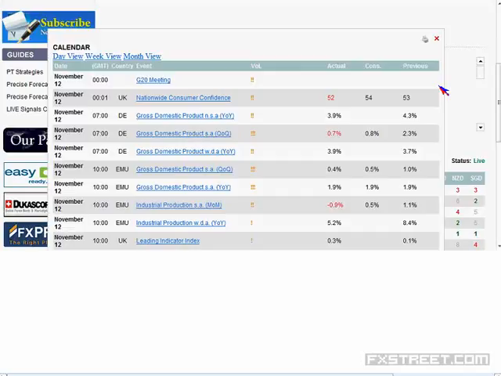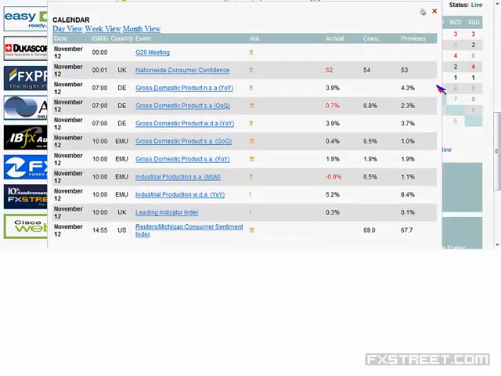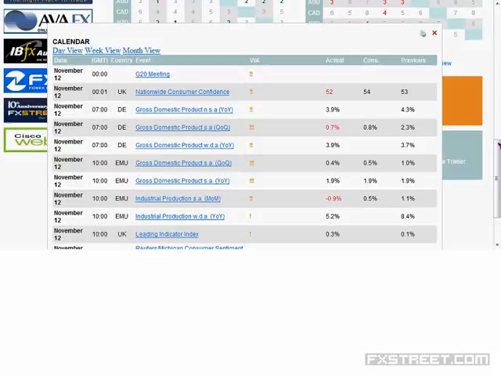Because that's where a lot of changes can happen, or the price can be quite noisy during that time. Looking at this today, I think there is only one data out from US, which is Reuters Michigan Consumer Sentiment, and other than that there isn't any data.